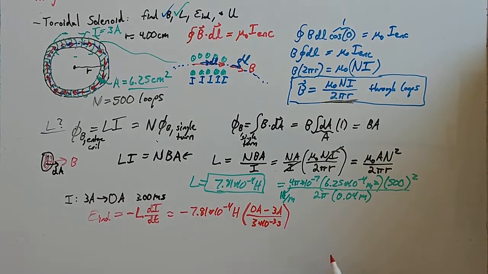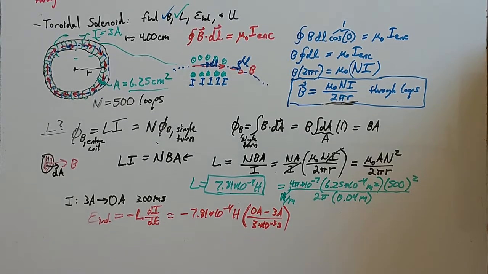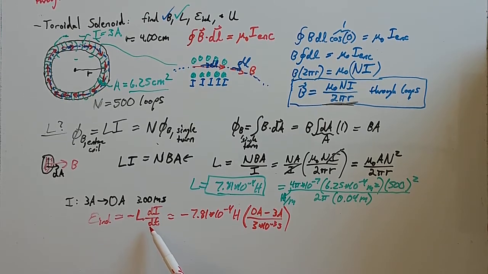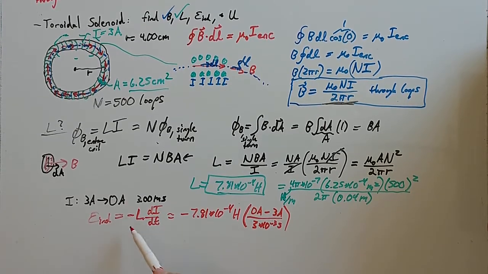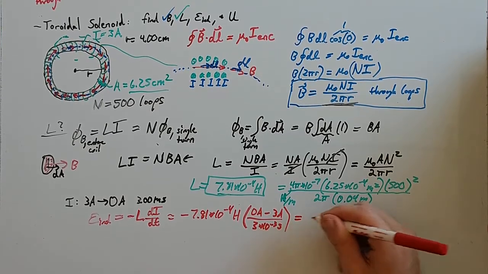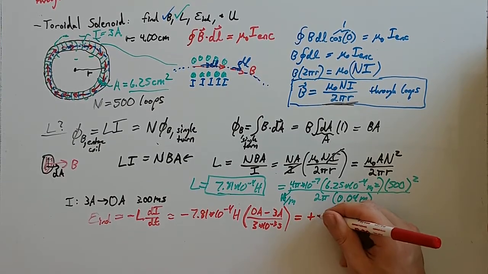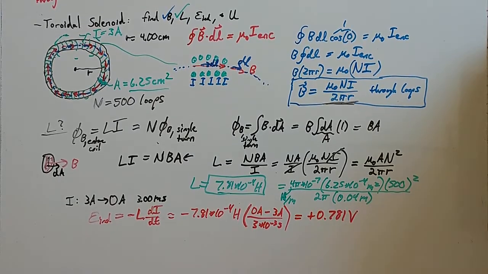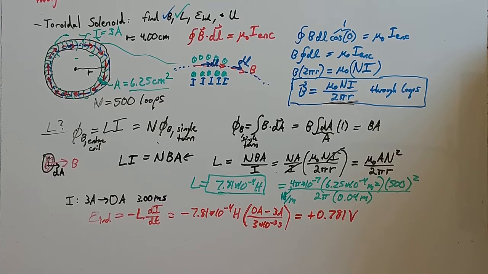If we plug all that in, our change in current is negative, and we want to do the opposite of that, so we're actually going to supply some positive potential in this case, and it ends up coming out to plus 0.781 volts of potential supplied.